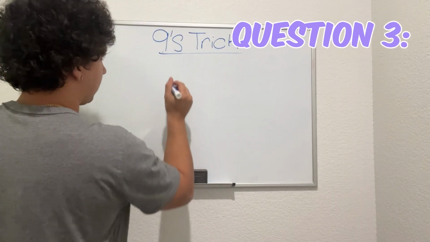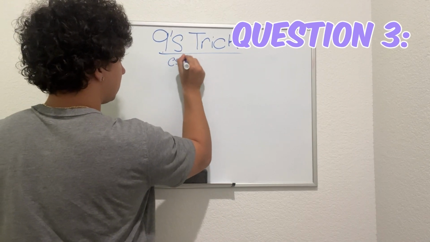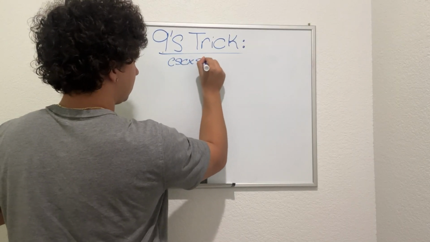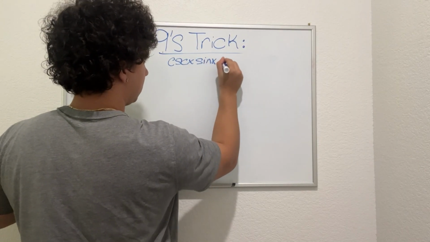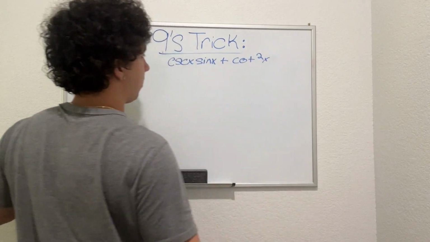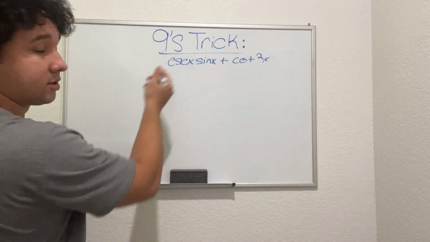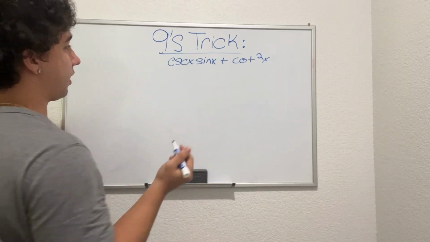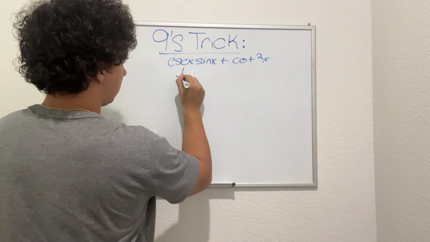All right, next one I got is cosecant x sine x plus cotangent squared x. First thing I'm noticing, again, just like the ones before, cosecant, I'm gonna rewrite it in terms of sine.